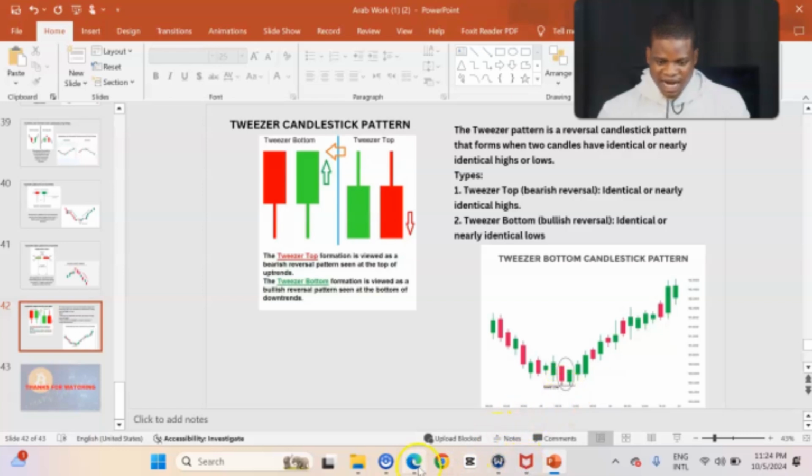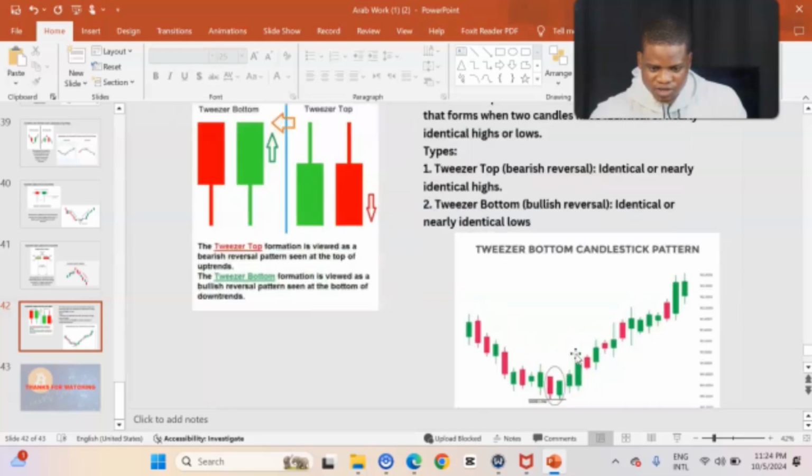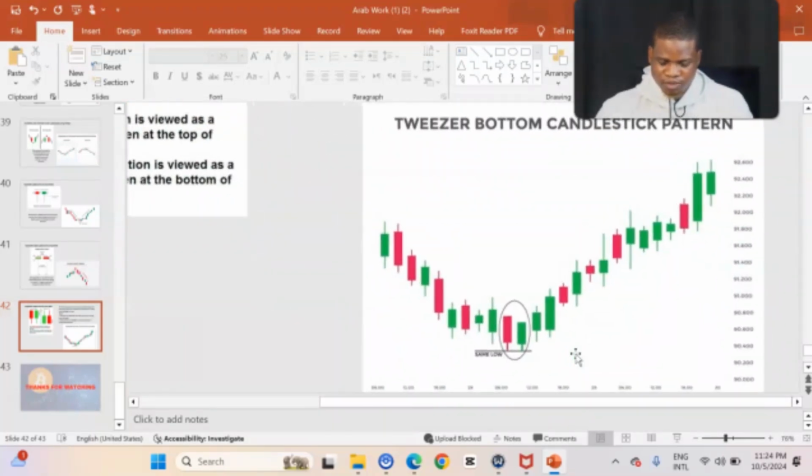The logic behind tweezers is that if you see this tweezer bottom example, the market is going down. Now these two candles created the same low. It tells you that this market tried to go down more, but it could not, so it closed here. Then this one opens, also tries to go down, but it could not.